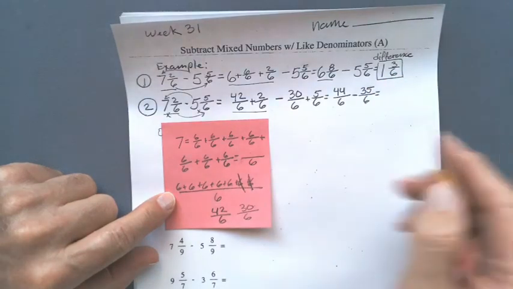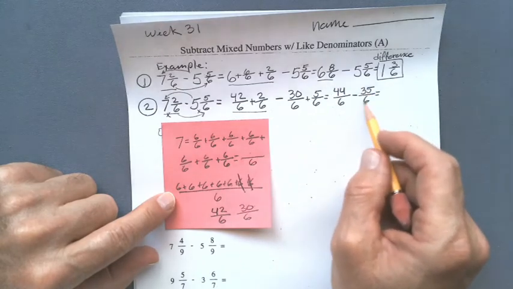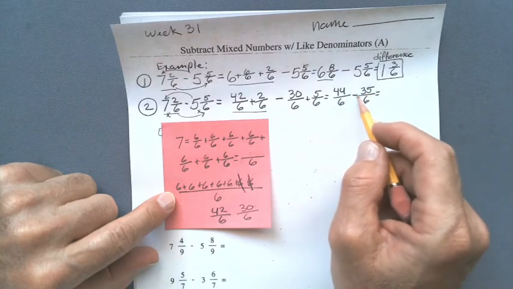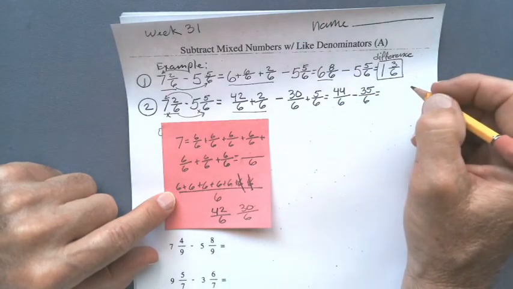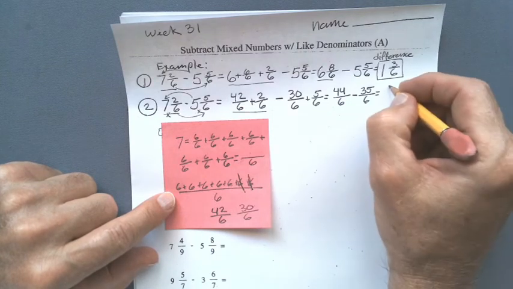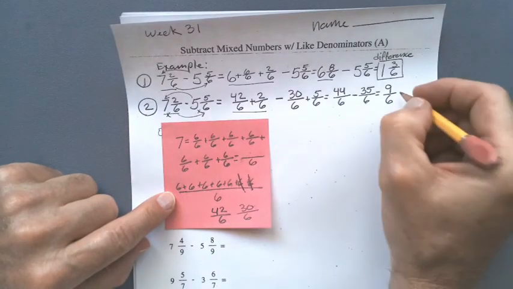What's that going to equal? Look at this. I have a larger fraction over here now, 44/6 versus 35/6. So I'm just going to take 44 minus 35. And 9, what's that? 9/6? Now watch.